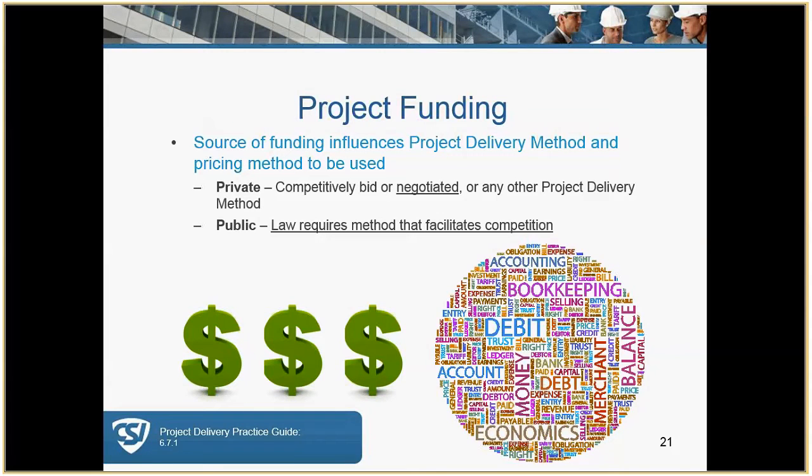Private is competitively bid or negotiated, and I think that's important to know, that's an advantage of private funding, that you can negotiate, and any project delivery method is available. Public funding requires that we have competition and fair competition with the use of any public funding.